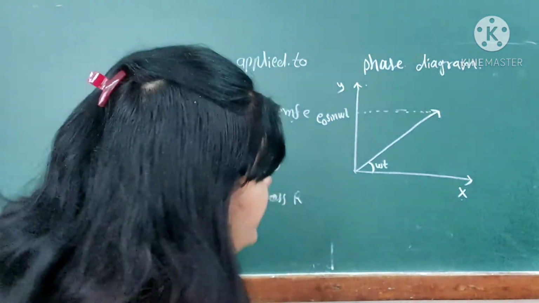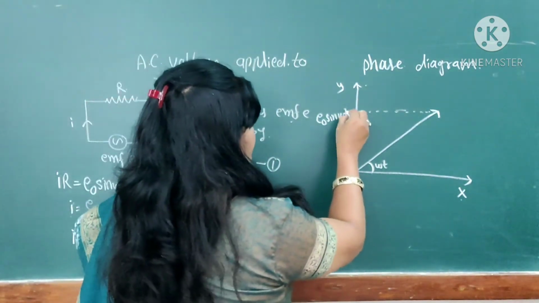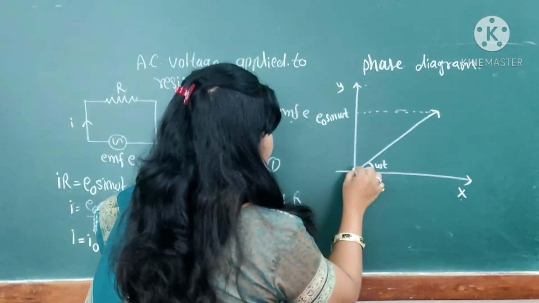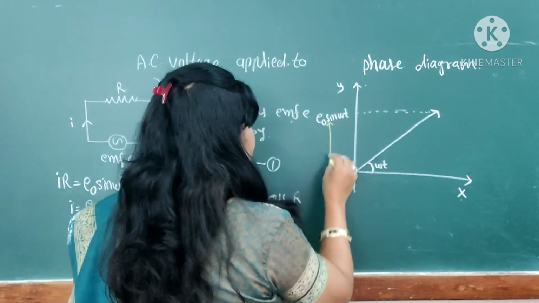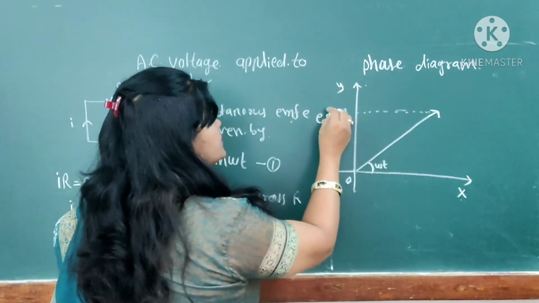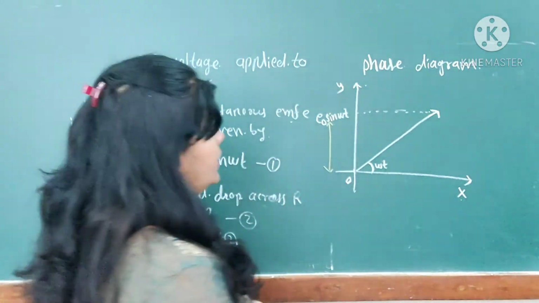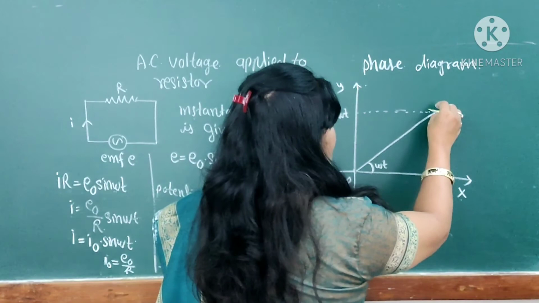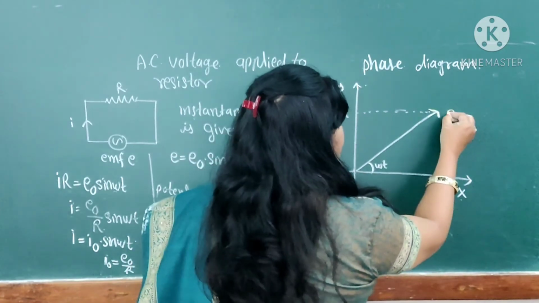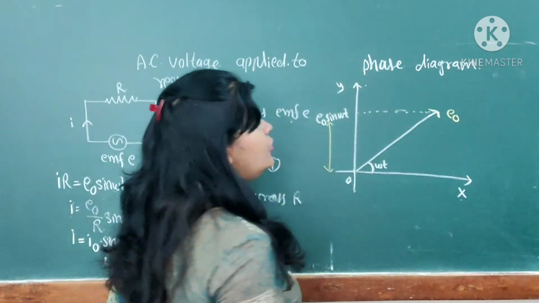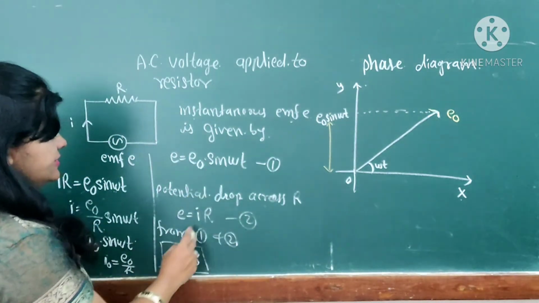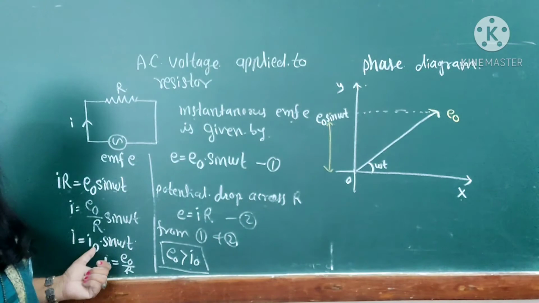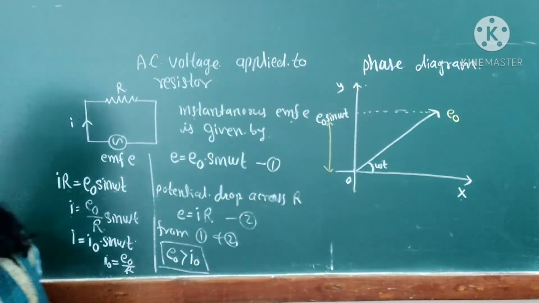And then from this value, this is the origin O. From this to this represents the E naught into sin omega t. And the length of this arc up to this represents E naught, the peak value of this EMF. Next is the current function, I is equal to I naught into sin omega t.